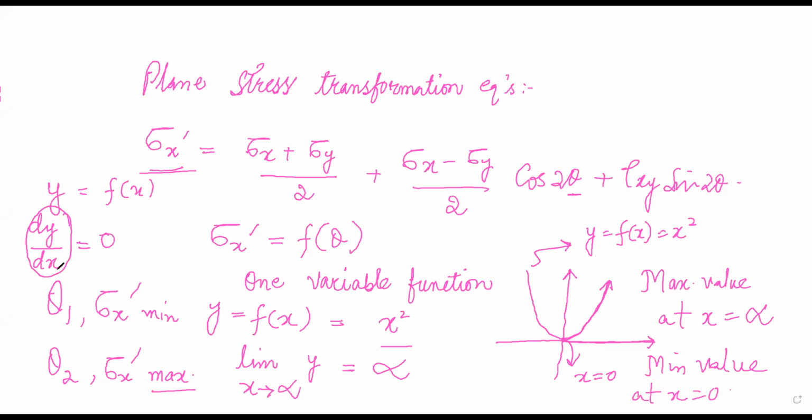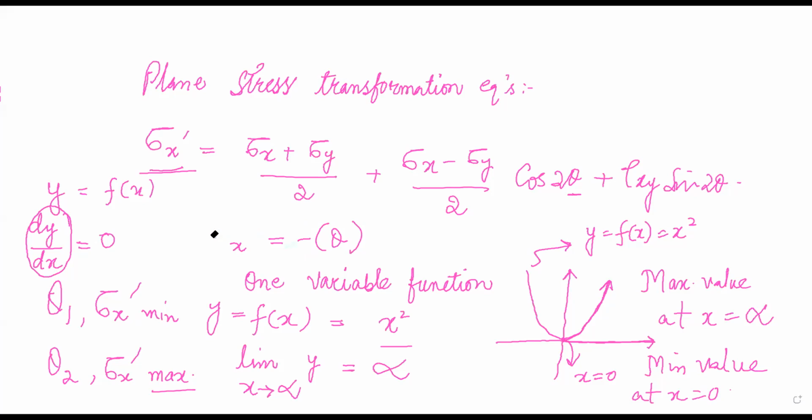This equation gets satisfied at some values of x, and those are the values at which the function has either the maximum or the minimum value. Are you getting me? We know this from our basic calculus. Do I need to tell you how? No. Okay.